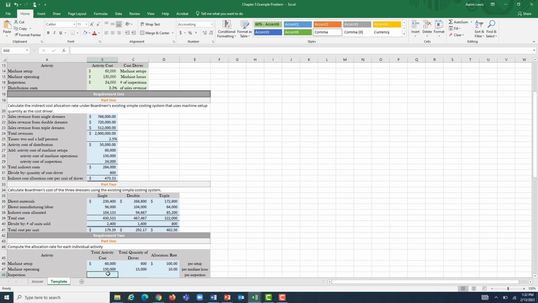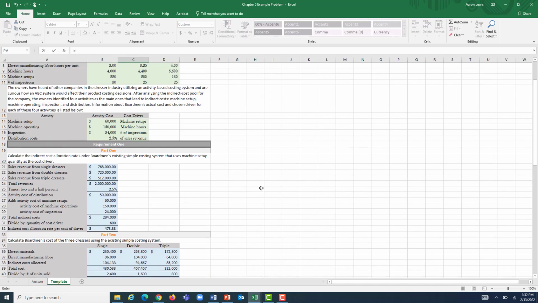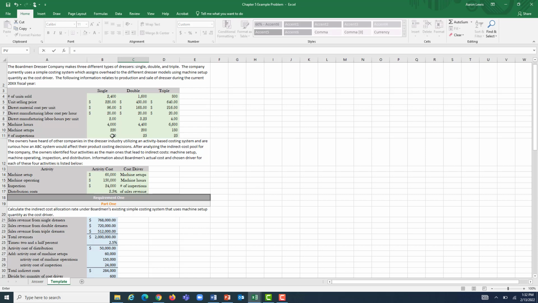For inspections, we have a total expected cost of $24,000 to pay our inspectors to look over all of the stuff. The driver is per inspection, number of inspections. How many inspections are we going to have to do in total to inspect all of our different dresser styles? Well, we're going to have to do 30 inspections to look over the single dressers, 25 to look over the doubles, and 25 to look over the triples.